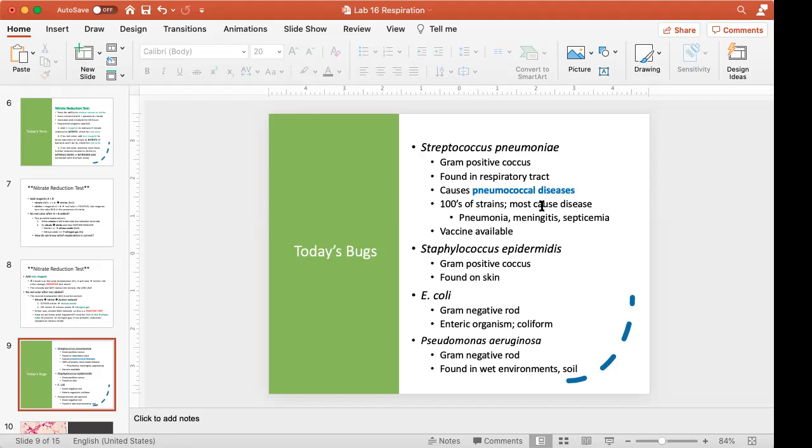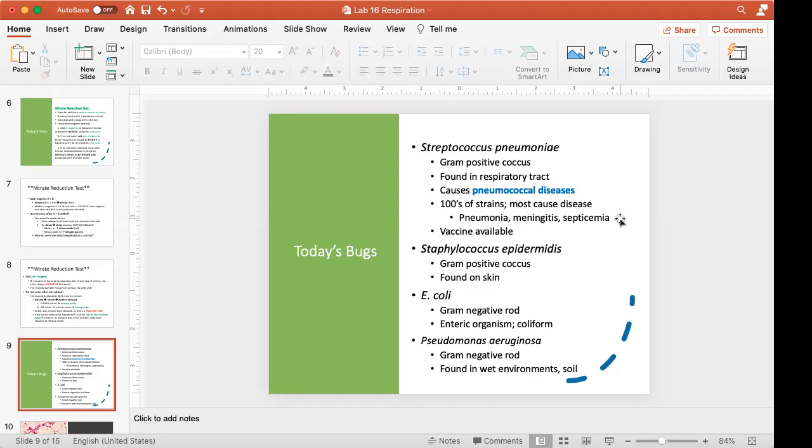But despite the name, Streptococcus pneumoniae doesn't only cause pneumonia. It can also cause meningitis and septicemia. Technically, any bacterium can get into the bloodstream and cause septicemia, but pneumococcus or Streptococcus pneumoniae is notorious for doing this. This is a very dangerous pathogen.